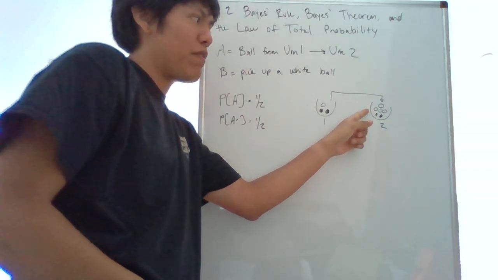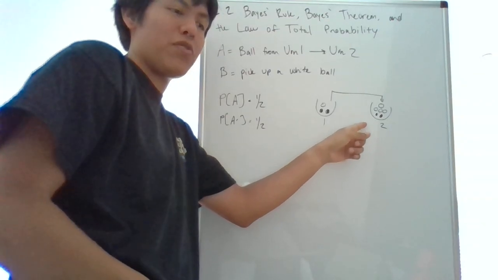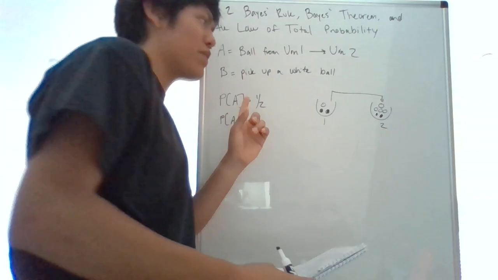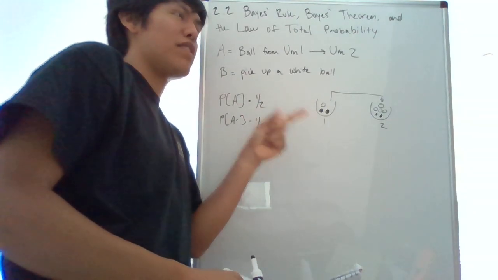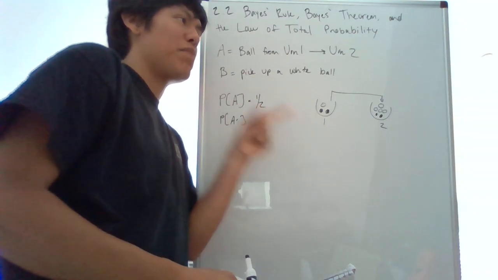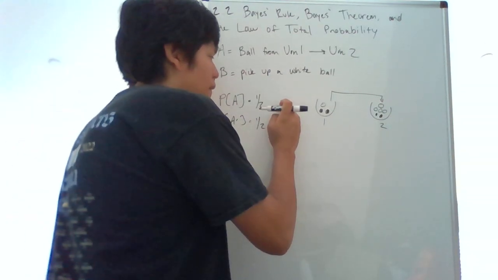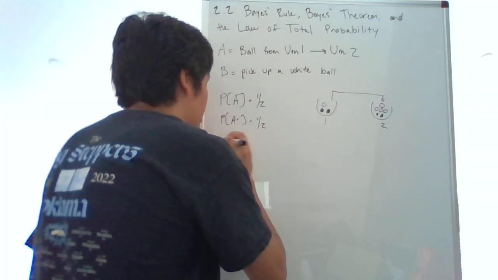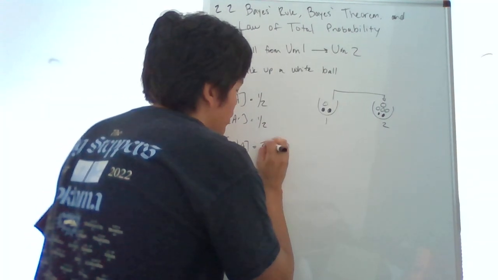So now we have a 4/6 chance, or a 2/3 chance, of choosing a white ball from urn 2 as the second event. So 2/3 is equal to the probability of B given A. I'll write that here: B given A is now equal to 2/3.